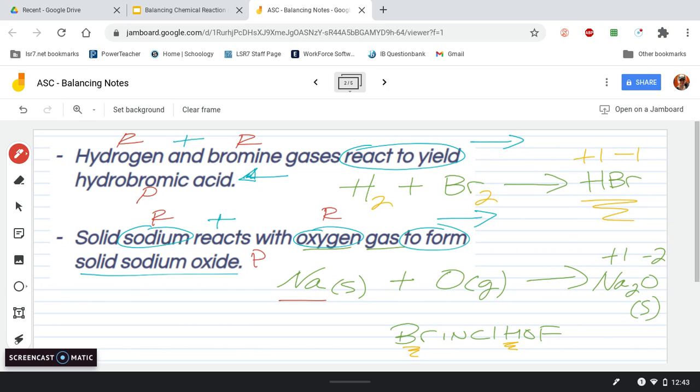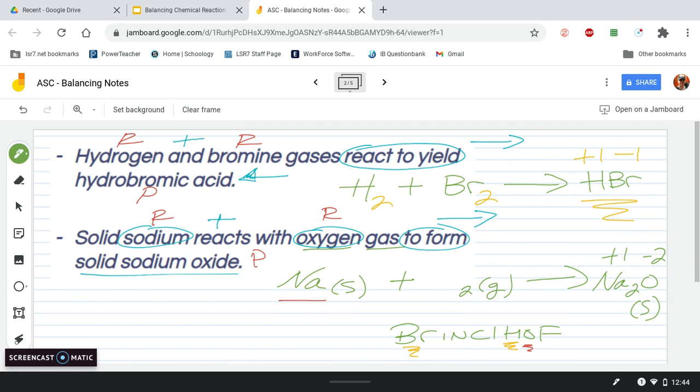No. No sodium down here. Sodium, it just stays like that. Is oxygen in Brinkelhoff? Yes, right there. So I got to come in, and I have got to put a little 2 in there. So I'm going to clean up my writing a little bit. Let's put a 2 here, and let's put the gas like that. Okay, so that is our formula.